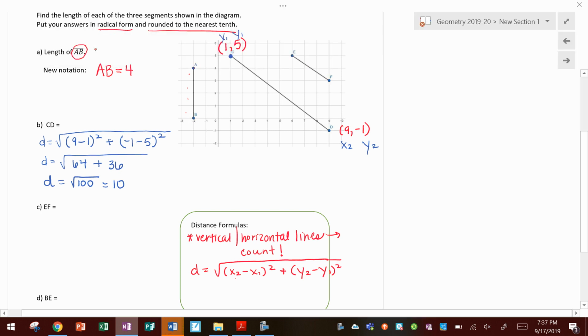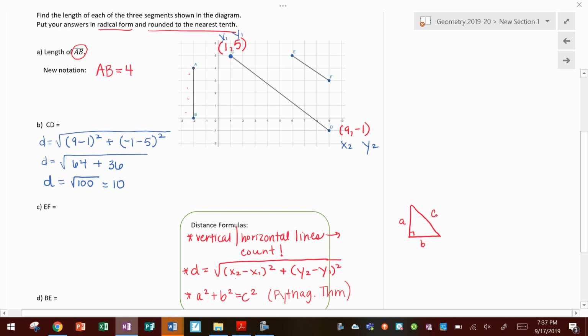So in the distance formula box down here, I'm going to add a squared plus b squared equals c squared, which is the Pythagorean theorem. Some of you know the Pythagorean theorem as how you can find a missing side in a right triangle.